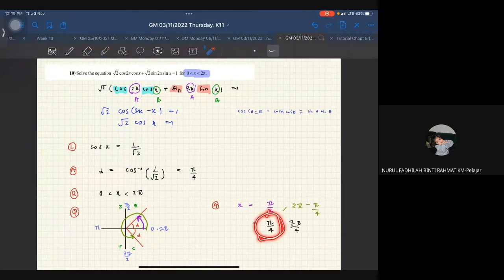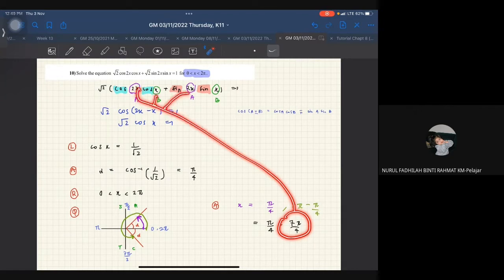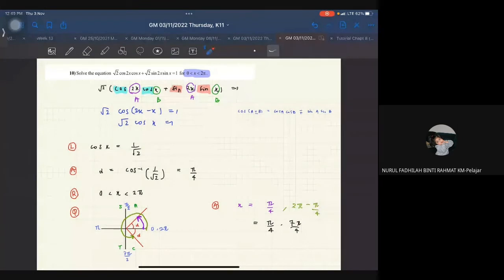Okay, so awak try masukkan balik dalam ni. Dalam X, X, X dengan X. So sepatutnya awak akan dapat sama dengan 1. Okay, and then try second value, masukkan balik dalam this one, this one, this one, and this one, you are supposed to get 1. Okay, kalau jawapan awak betul, dia memang akan dapat 1 lah. Kalau salah, dia akan dapat mengarut. Jawapan dia jadi sangat berbeza. So kena check balik kat mana awak salah.